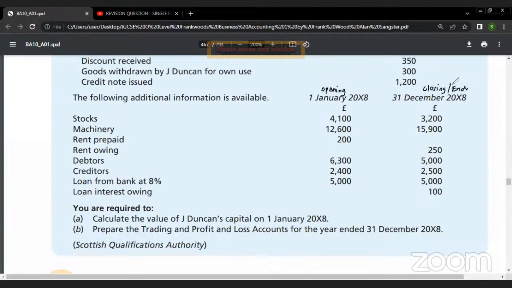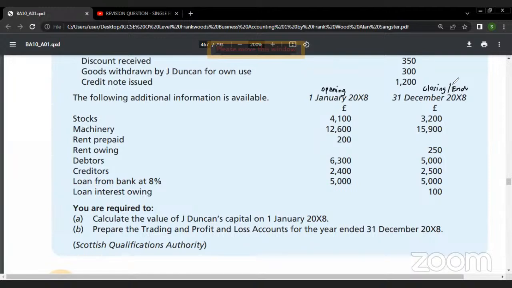So you have stocks, you have the opening as well as the closing. Then we also have the machinery, rent prepaid. We have rent owing, debtors, creditors, loan from bank at 8%, and then the loan interest owing.